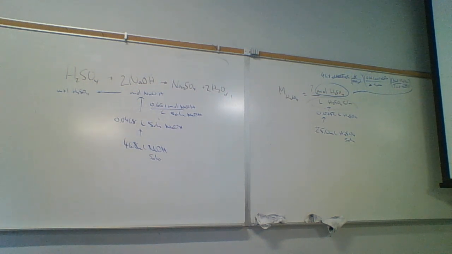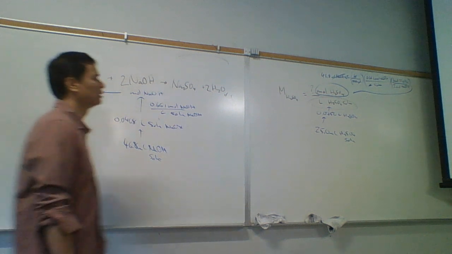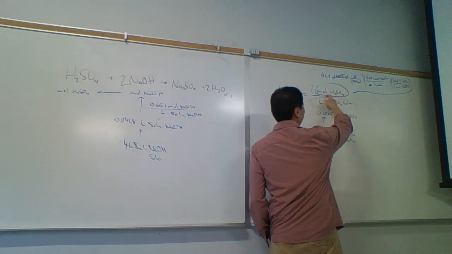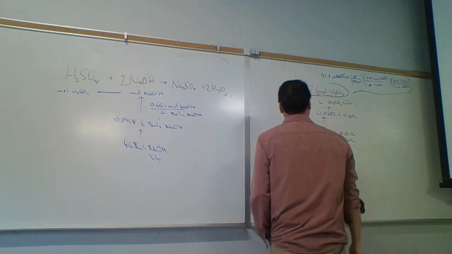Let's see what the book did here. So they calculate 0.0155 moles of H2SO4 by this calculation. I'll plug it on the top, and then we just need how many liters of solution.